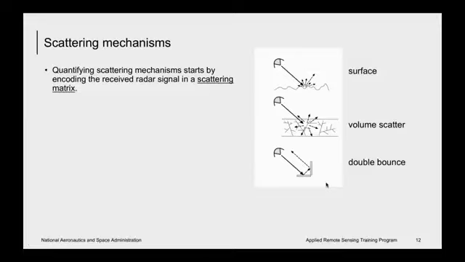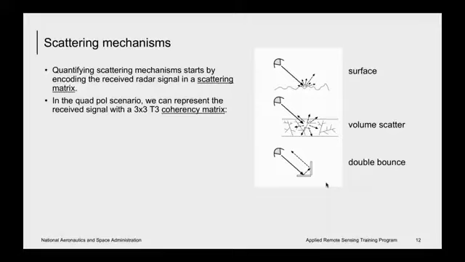So the first thing we need to understand is how this information can be encoded mathematically, and it's represented in a scattering matrix. In the quad pole scenario, when you have HH, HV, VH, and VV, this information is encoded in a 3x3 coherency matrix, also referred to as a T3 matrix.